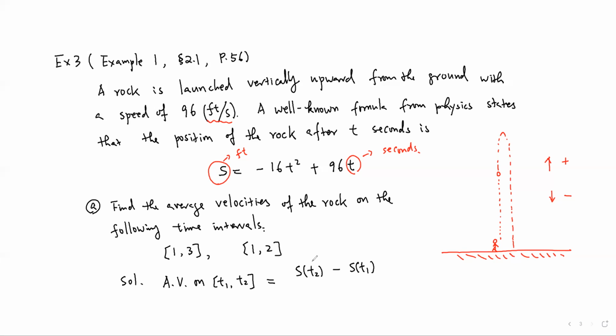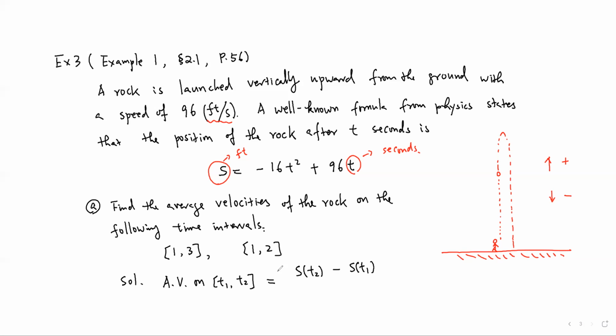Position at t2 minus position at t1 is the distance traveled, or the displacement, of the object on the time interval.